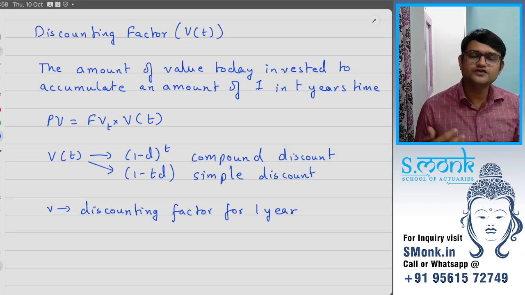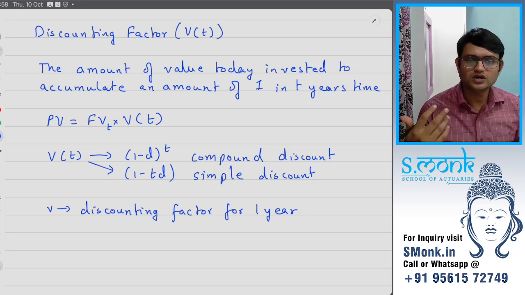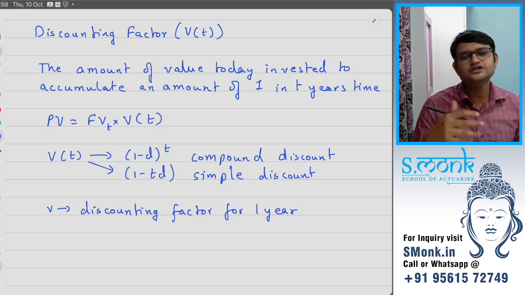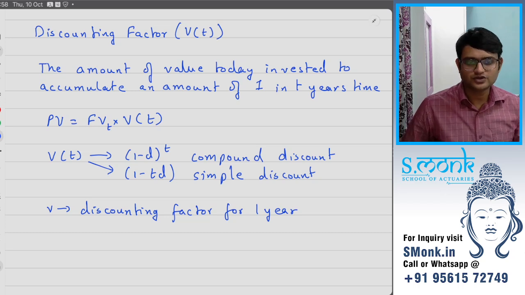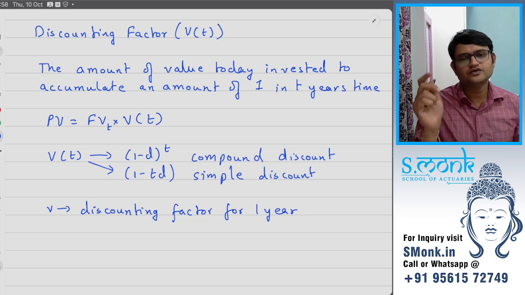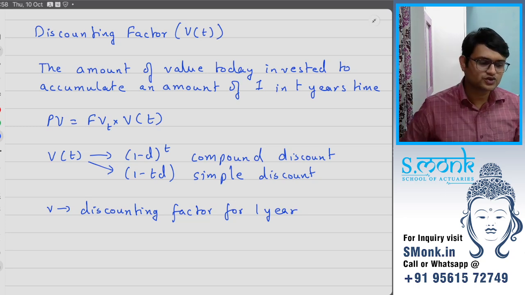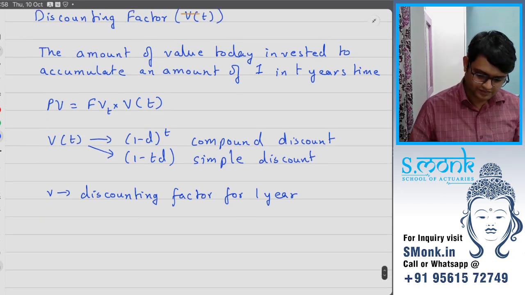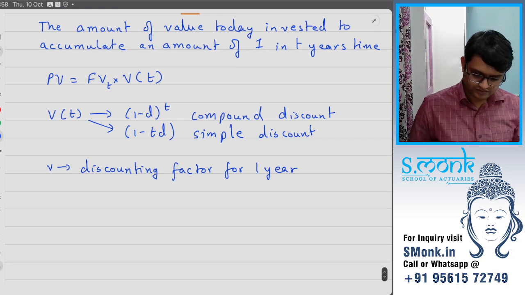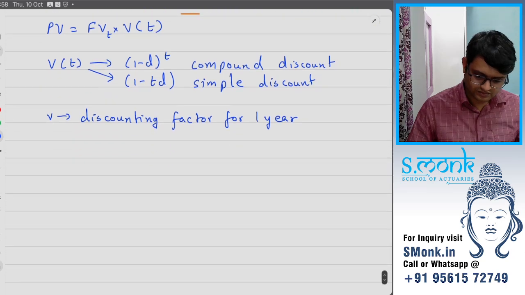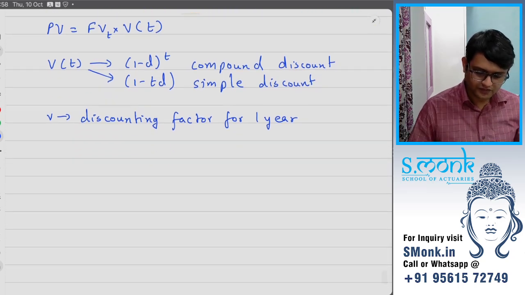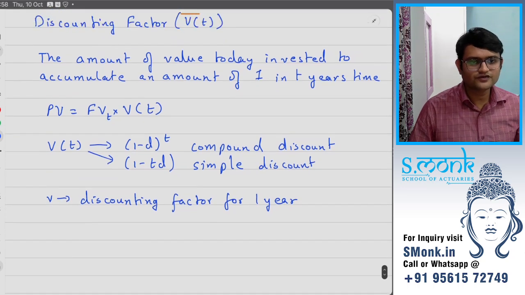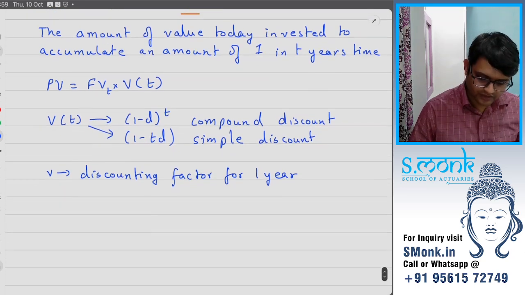We are learning all of these new terms, new symbols, so that it becomes easier for us to make formulas later on. You will find that we use this v a lot, so that we make the formulas shorter, easier to remember, easier to write. Just a symbol. How we will work it out, we'll talk about it as we go along.